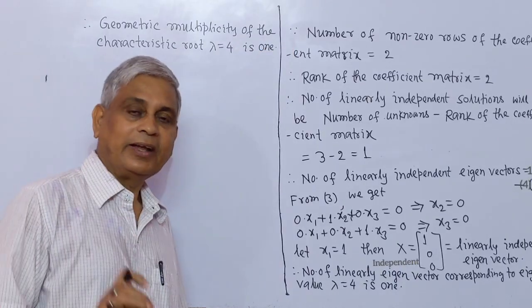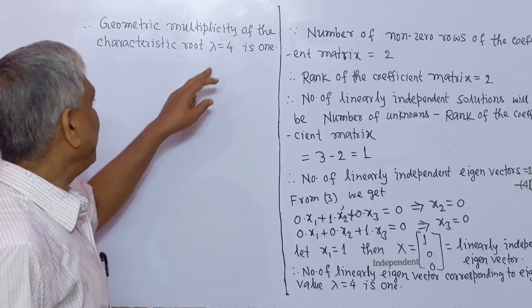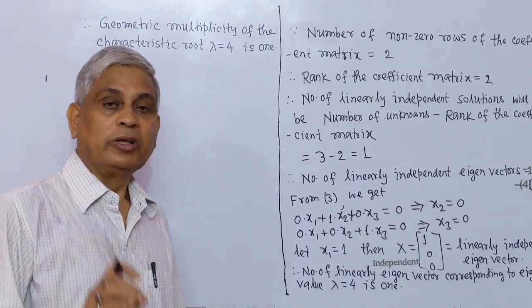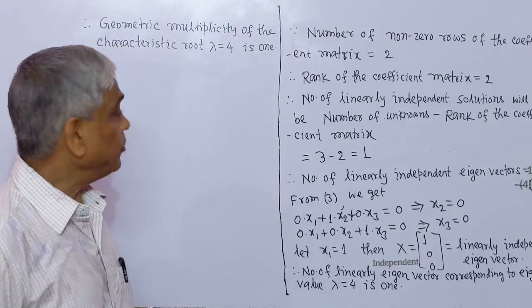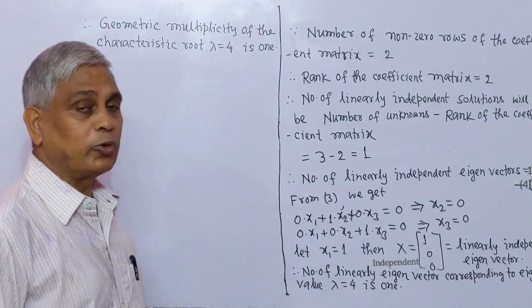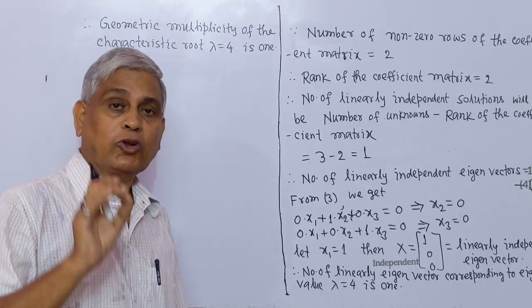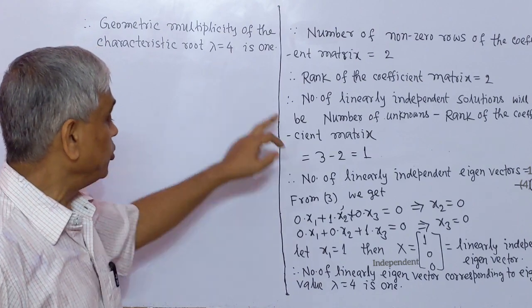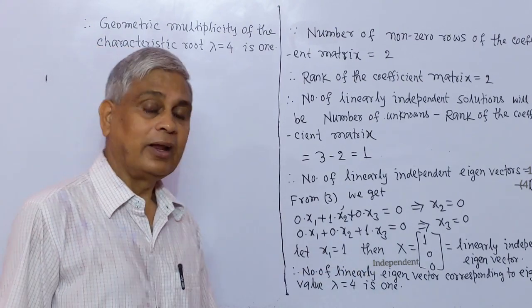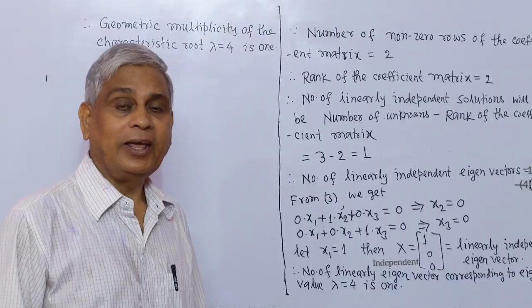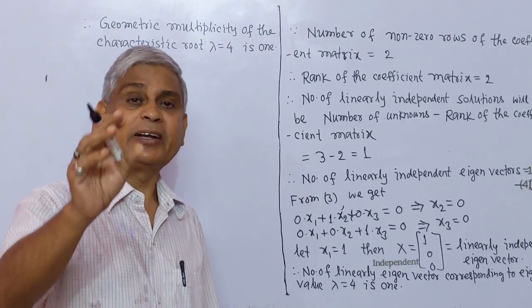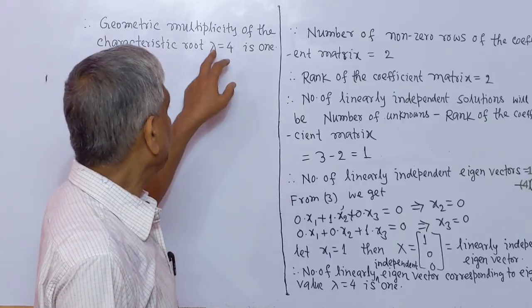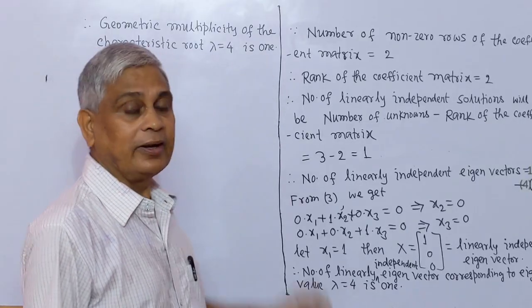We have seen that the value lambda equals 4 appears thrice, so the algebraic multiplicity of the characteristic root lambda equals 4 is 3. But corresponding to the characteristic root lambda equals 4, we get only one linearly independent eigenvector. So the geometric multiplicity of the characteristic root lambda equals 4 is 1.